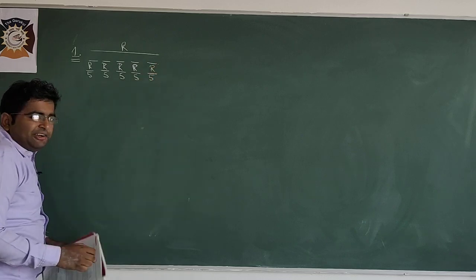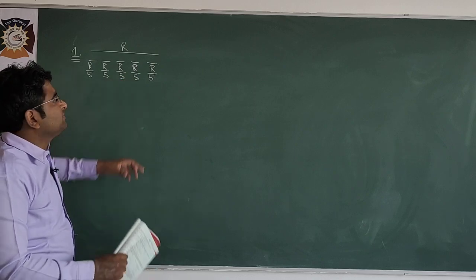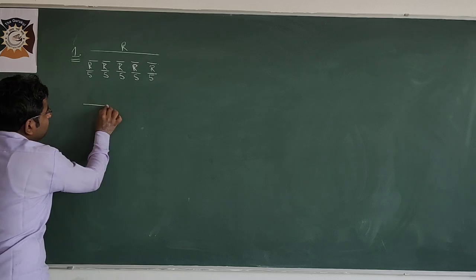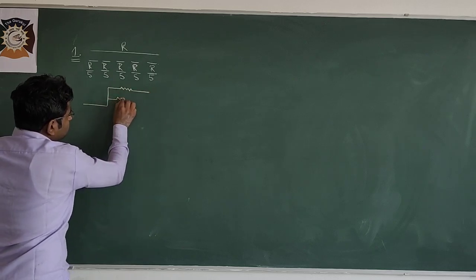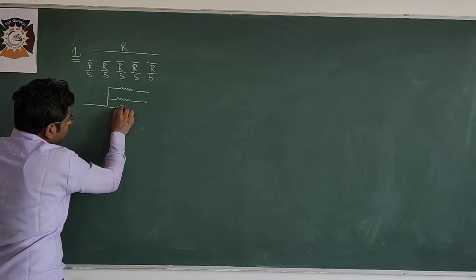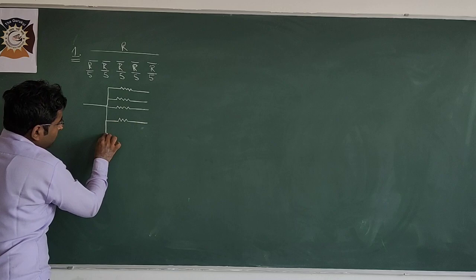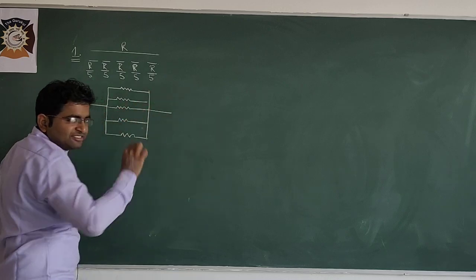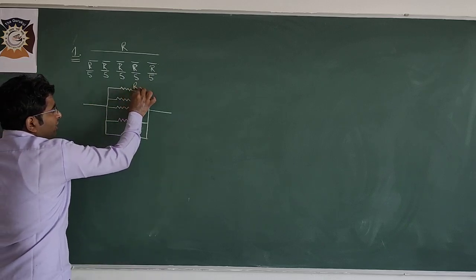Clear? And we have connected these parts in parallel combination. If you connect these in parallel, we can draw like this, and each has resistance R by 5.